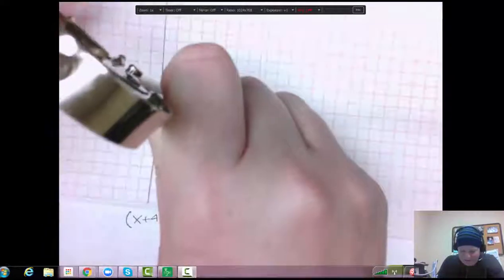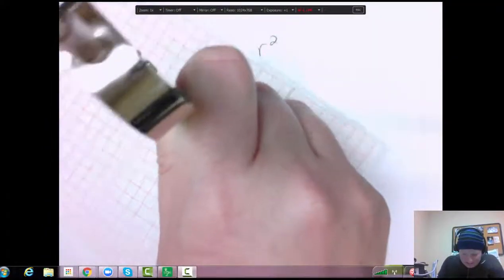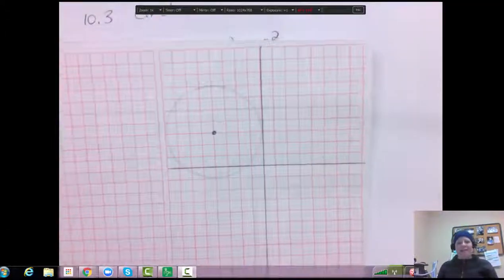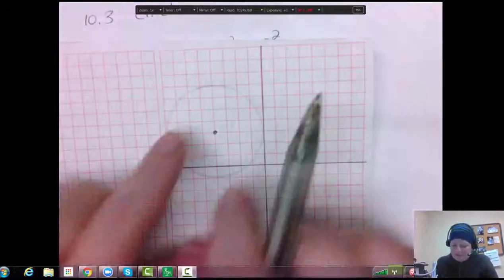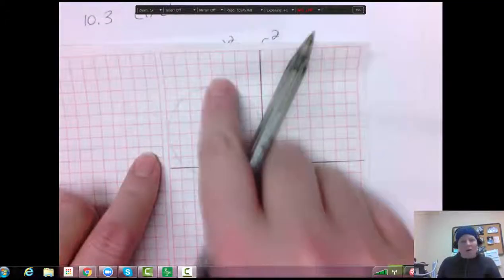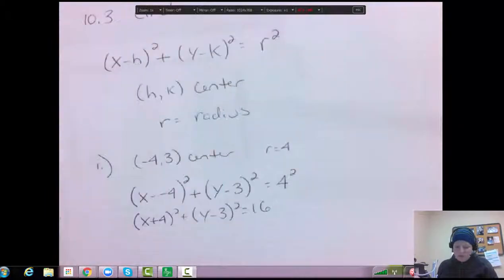I find it easiest to actually move your paper when you're drawing a circle rather than move the compass. Ta-da! There's our graph of our circle. There's our center, radius of 4, so you notice it's 4 away anywhere that you go. So that's how you would draw that one.